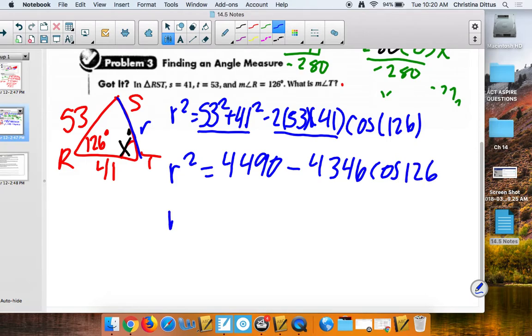Now throw all that in your calculator. That's what I got.